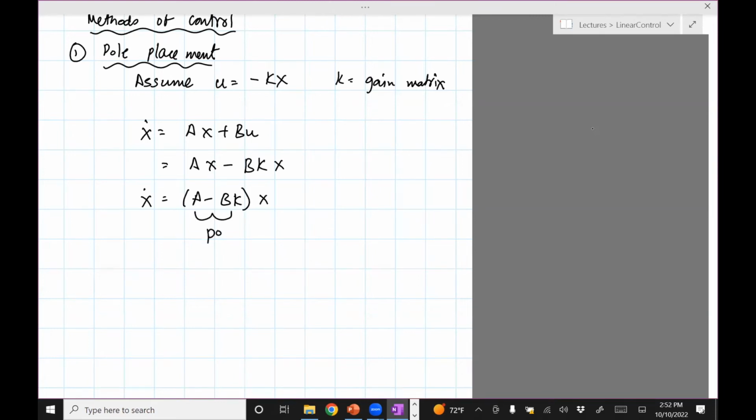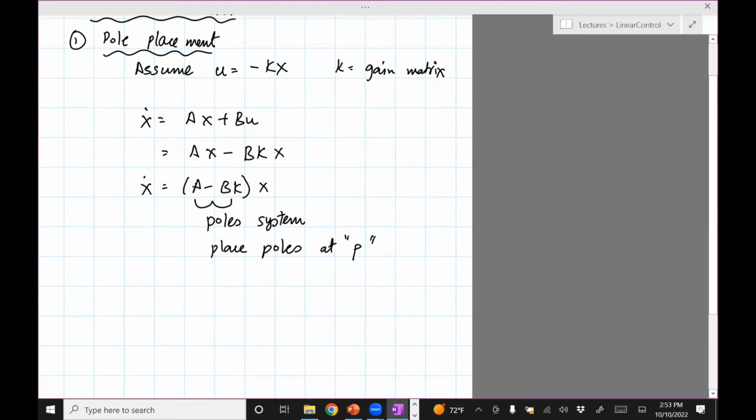And now we can compute the poles of the system. If you can compute the poles, you can judiciously choose K such that the poles are wherever we want them to be placed. So we'll place poles at some variable P, which you will define. This is a user choice.